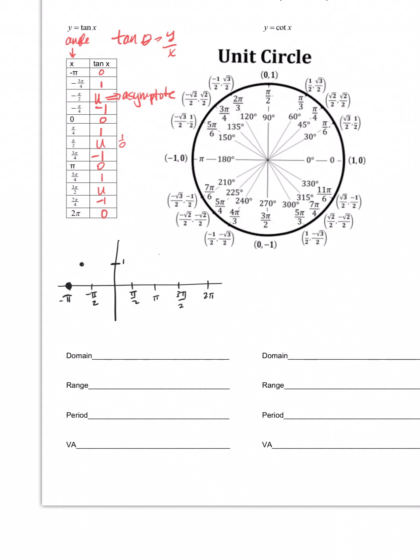At pi over 2, there's my first asymptote. At negative pi over 4, that's down at negative 1. Then it goes 0, and it goes 1. And then asymptote. Nope, that's not right. Asymptote's at pi over 2, isn't it?